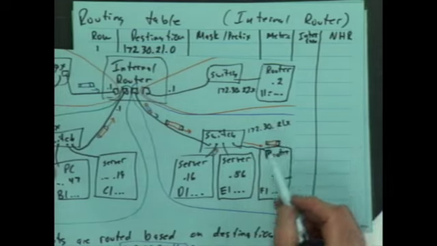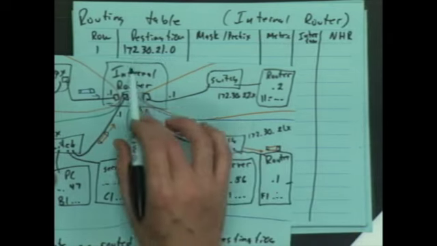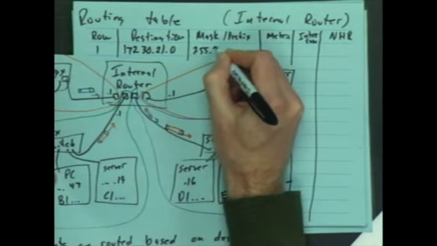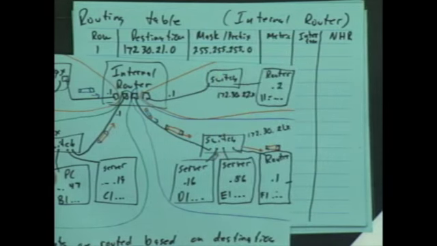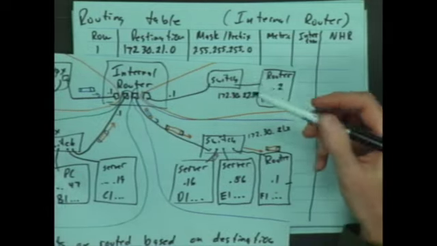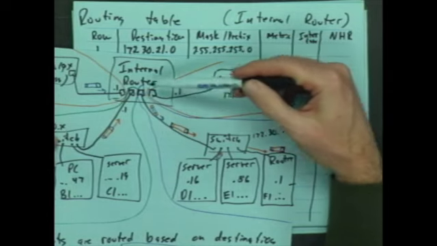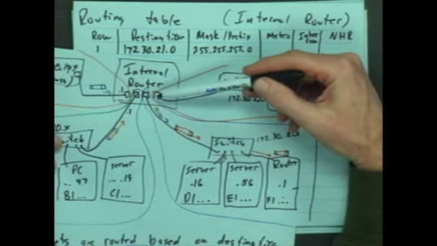Okay. The mask was 255.255.255.0. Okay, there it is. Right? The metric here is in hops. So it tells me how far away is that subnet from this router. And in that case, it's 1 hop away.